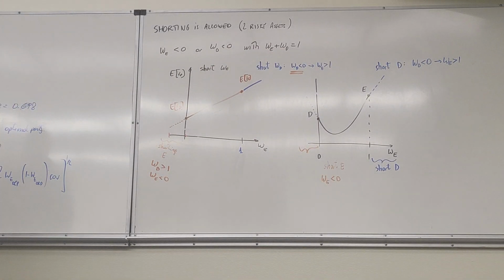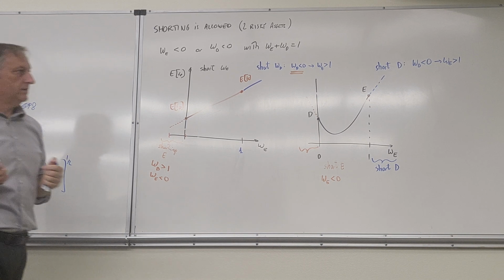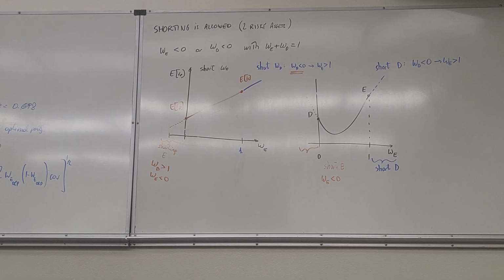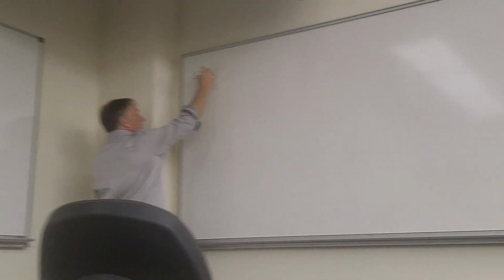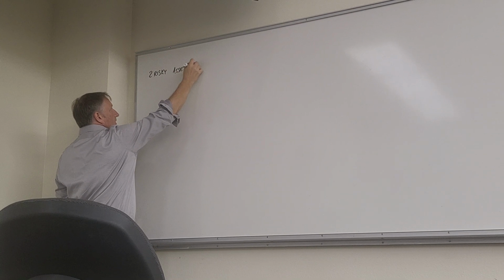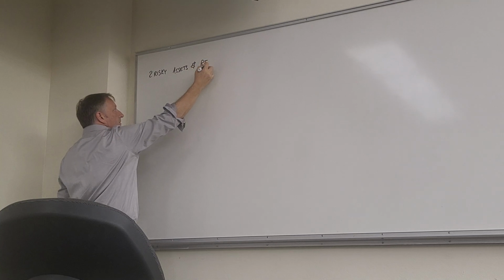So what is the last case that is left? We dealt with the risky asset and the risk-free. Two risky assets. The last case is, what if you're dealing with two risky assets and the risk-free asset.